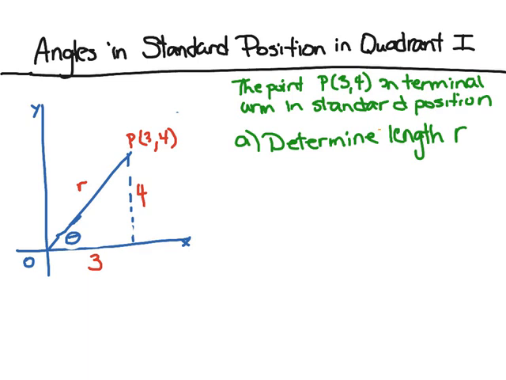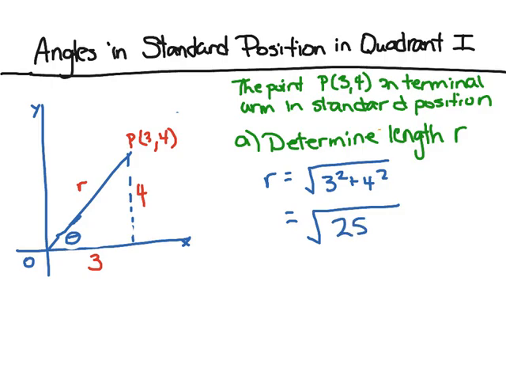So r equals the square root of 3 squared plus 4 squared. 3 squared is 9, plus 4 squared is 16, so 9 plus 16 is 25. So the square root of 25, which is 5. So we know that r is 5.